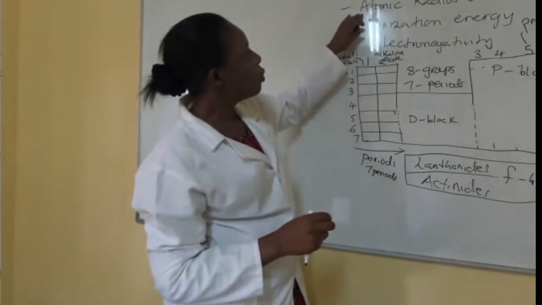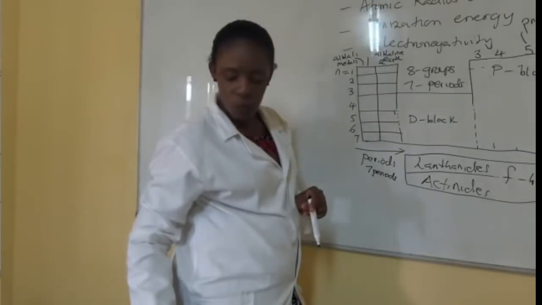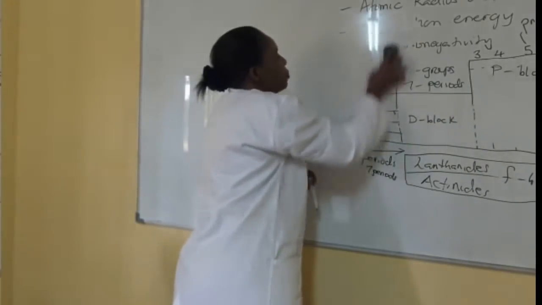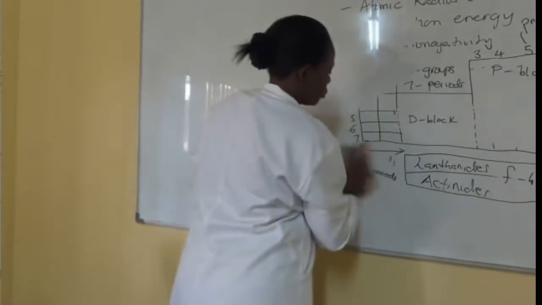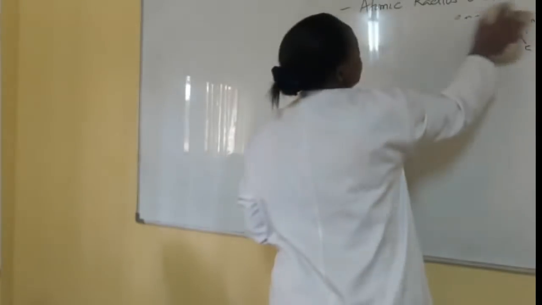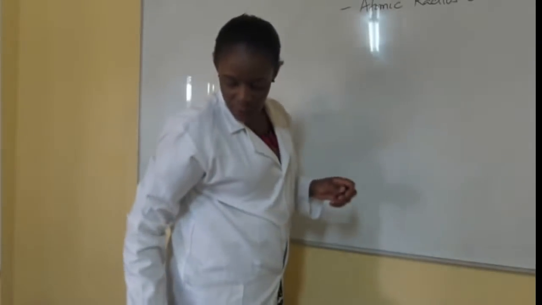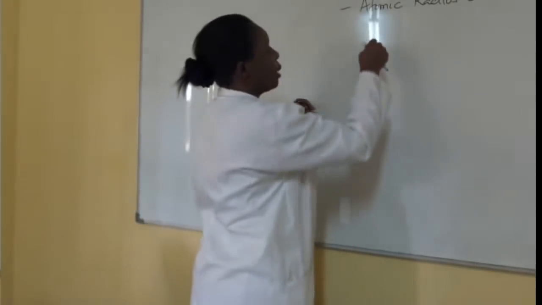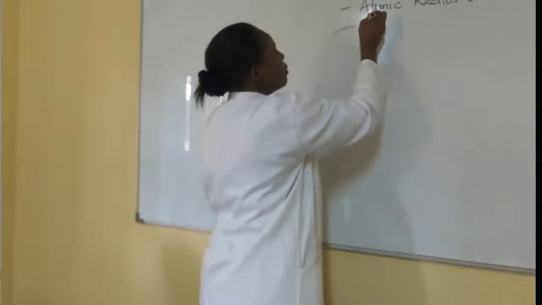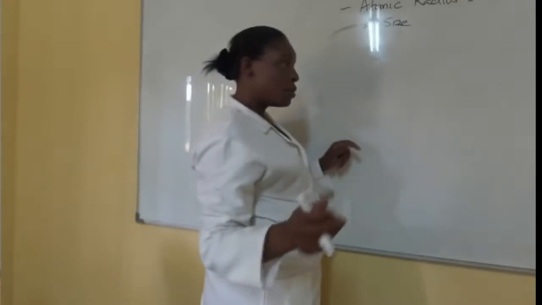So we'll look at the first one, which is atomic radius. Here, atomic radius, we're just implying the size of these atoms or ions.